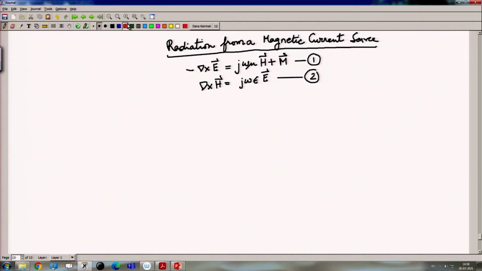So, we have the magnetic current source, which is M, and no electric current source.